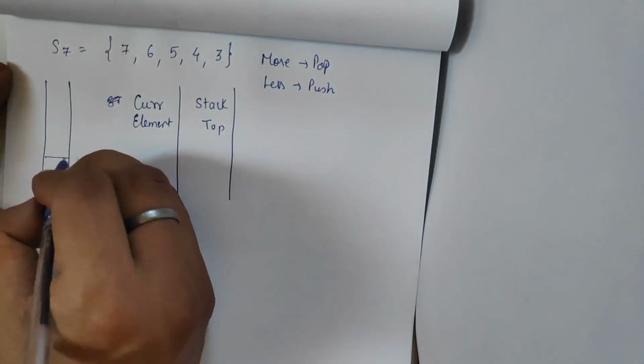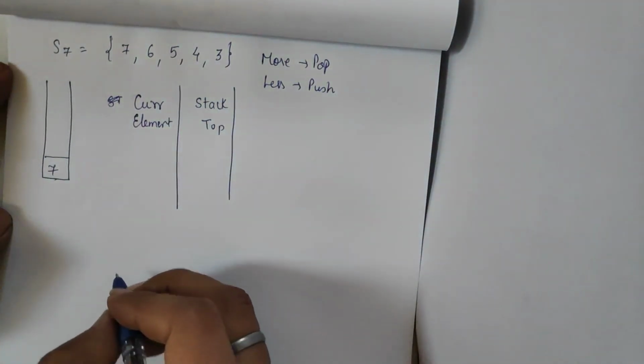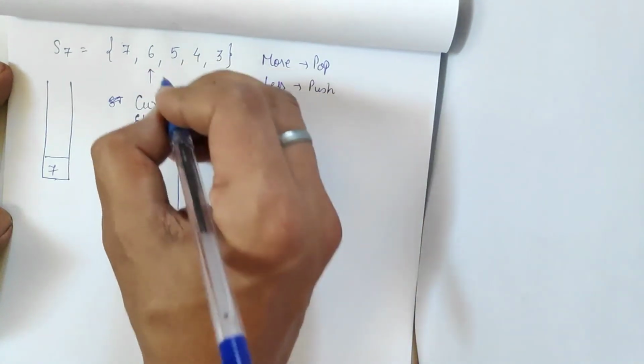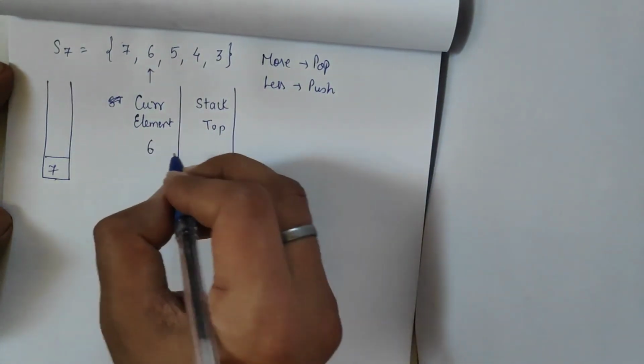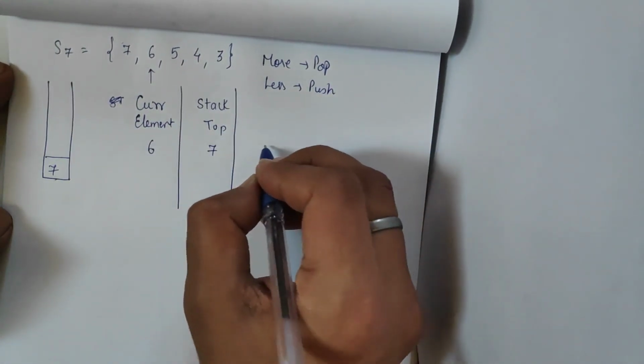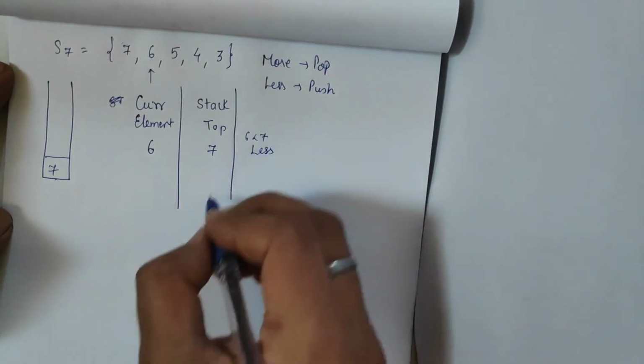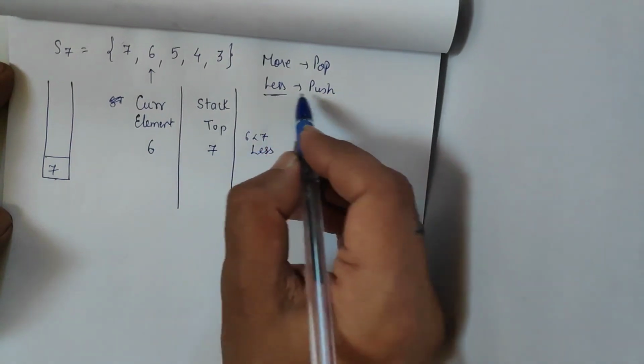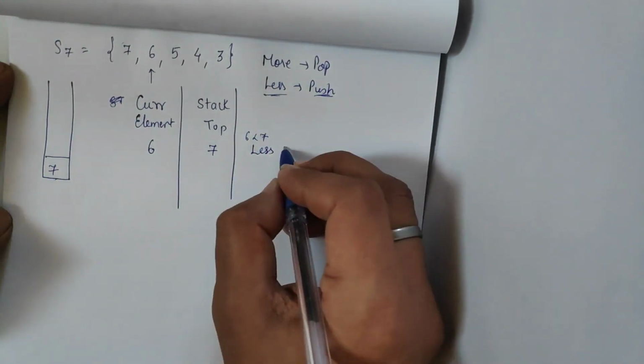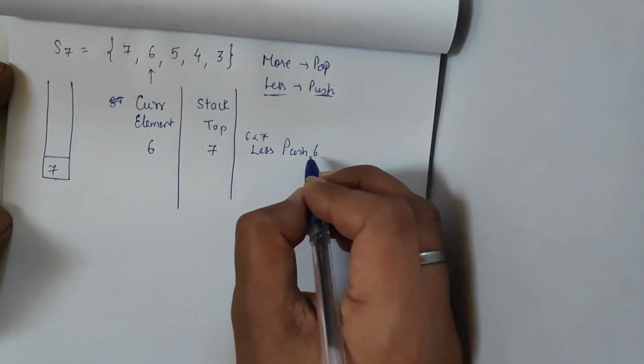Initially the stack is empty, so you push on the stack. So you push 7 on the stack, and then the current element is 6. What is the stack top? Stack top is 7. So 6 is less than 7. So what happens? Less means push.